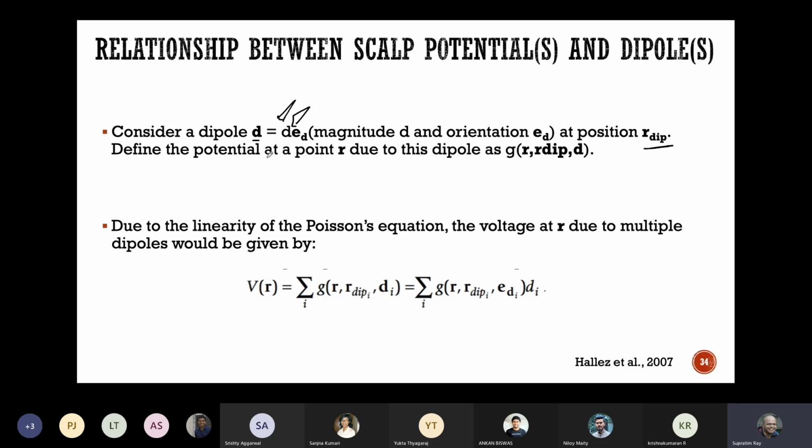You can define the potential at any point r due to this dipole. Well, it's not a formula, it's a function here, G, which depends on both r dipole, r and d. Now, I'm not telling you right now how you would solve this, but suppose you had access to this function. Then you would just find out what the potential is because of this one dipole.